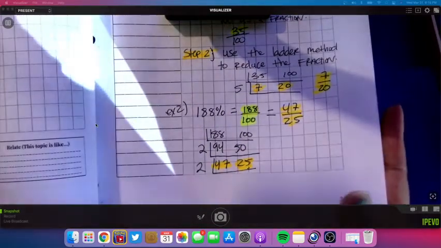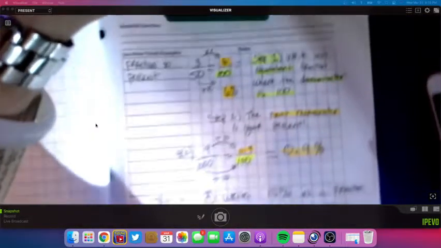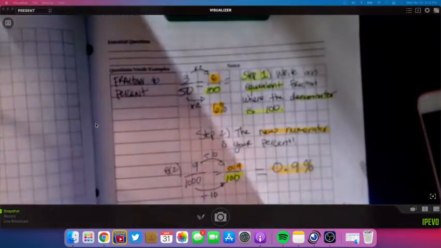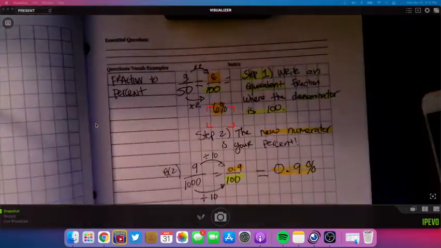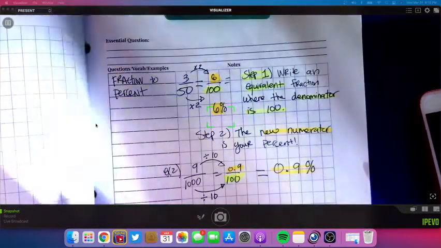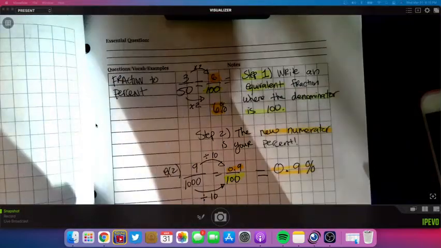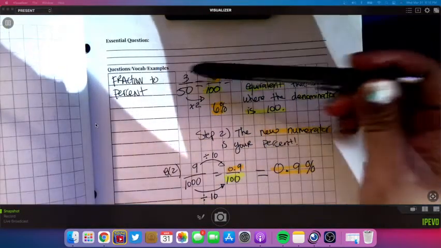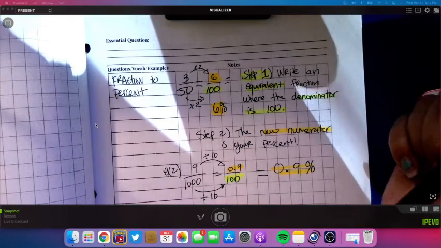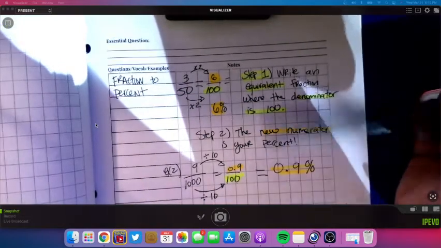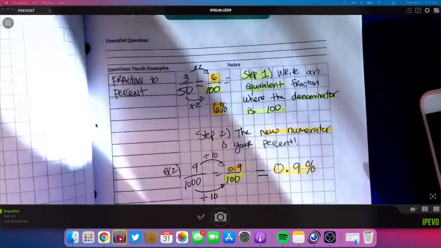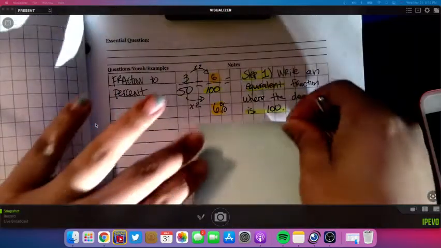That is percents to fractions. Now we're going to go fraction to percent. And I'm going to use a sticky note for this one, because I think it has better effect this way. At first I wrote, we are going to convert 3 over 50 to a percent. And step 1 is to write an equivalent fraction where the denominator is 100.